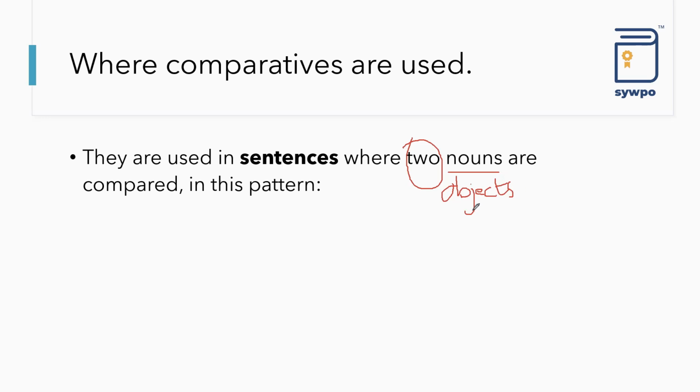So you have 2 objects or 2 things, 2 persons or 2 animals, all the same. Doesn't matter. 2 is what is important. So when we show the difference between 2 or similarity between 2, we use comparative adjectives.